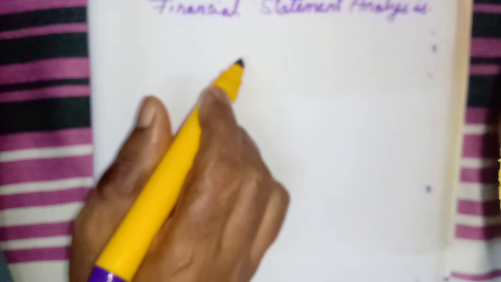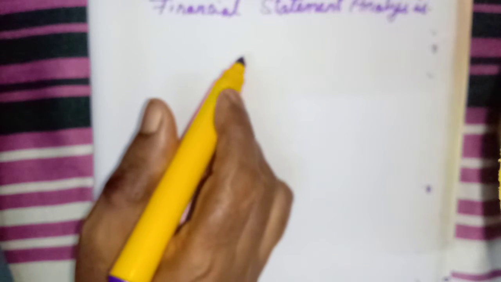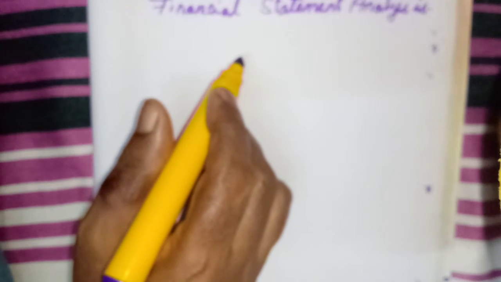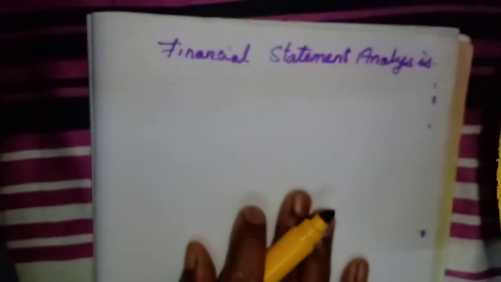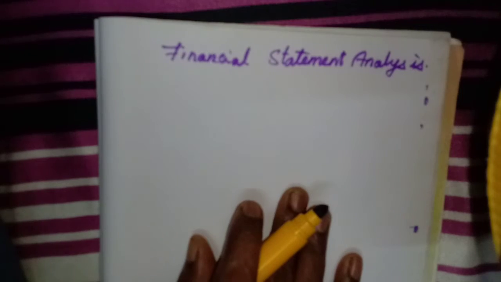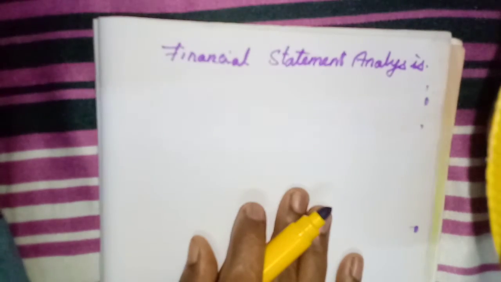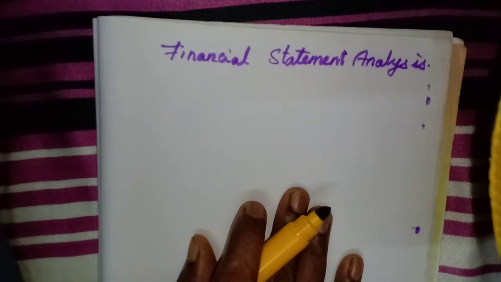Financial statements, we know the two accounts. One is the profit and loss account, including the trading account, so trading and profit and loss account, and the balance sheet. The profit and loss account is also called the income statement.